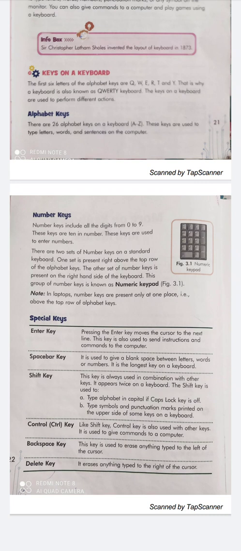Now next, the fourth, is the control key. On the keyboard it is written as the shortcut of control, that is CTRL. Like the shift key, the control key is also used in combination with other keys.